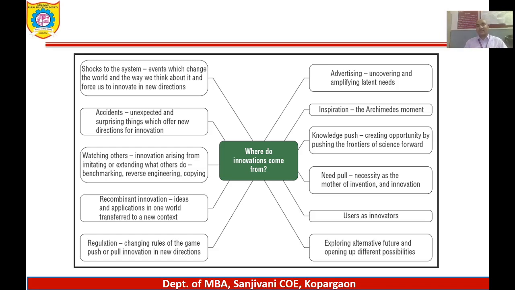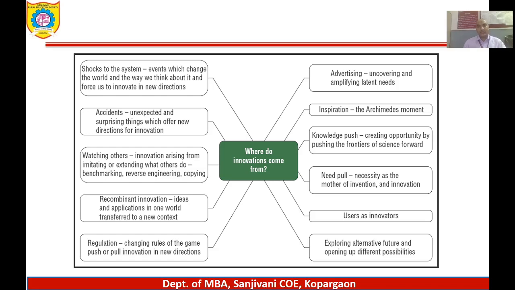Then advertising is also one of the areas from where innovation comes, like inspiration, the Archimedes moment, which can also lead to innovation. Your own inspiration can also lead to innovation. Then knowledge push is something from where innovation is also coming, creating opportunities by pushing the frontiers of science forwards.